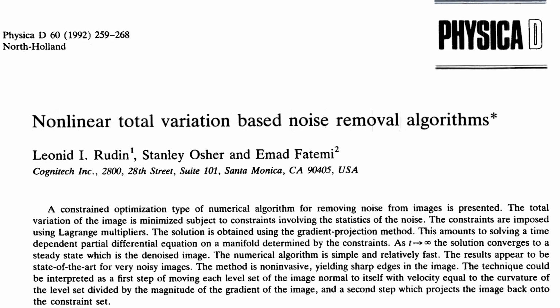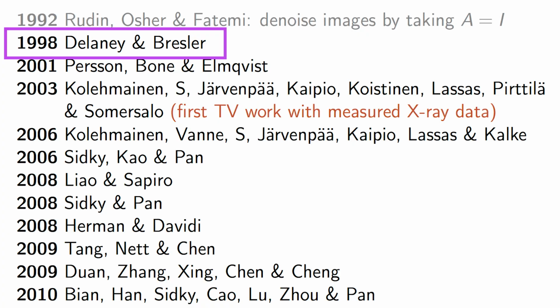Let me add a historical note. Total variation regularization was first introduced by Rudin, Osher and Fatemi in 1992 in the context of image noise removal. A bit later, in 1998, Delaney and Bresler used total variation in X-ray tomography.